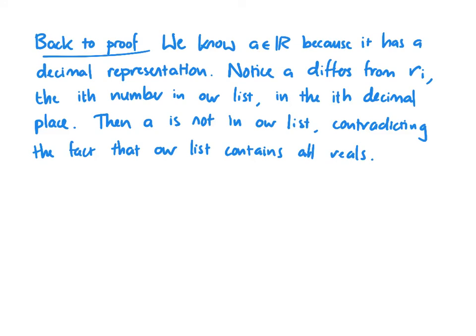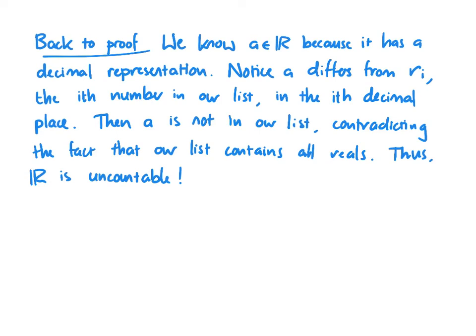Okay, and this means that R cannot be countable. Oops, R is uncountable. All right, so that's Cantor's diagonalization argument. Just construct this real number that can't possibly be in this ordered list of real numbers, and it shows that R cannot be countable. So there is a different size of infinity here. Okay, so there's countably infinite, but then there's also uncountable at this stage.